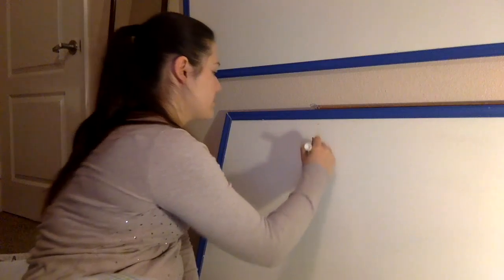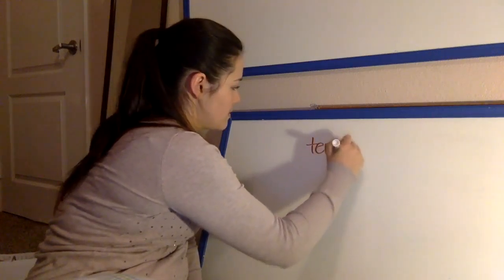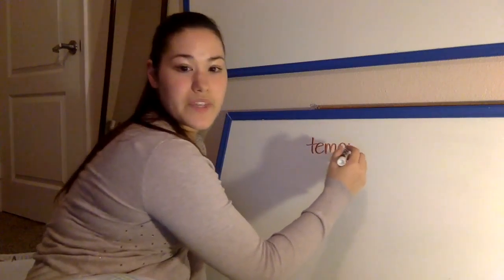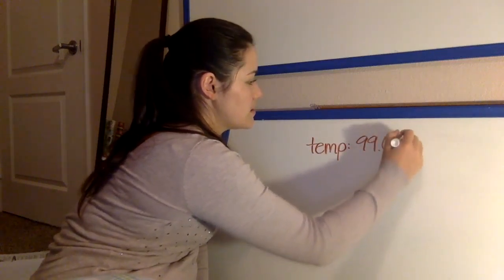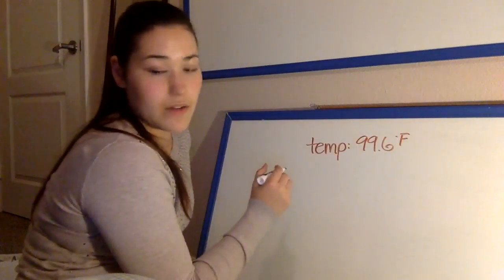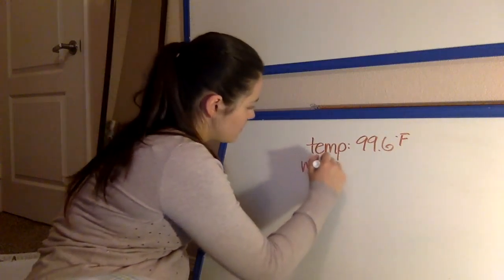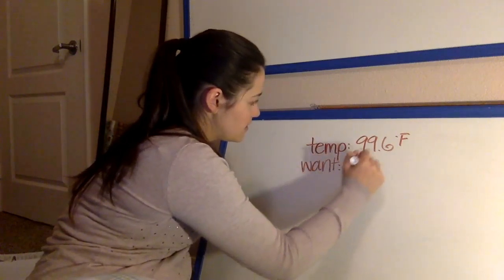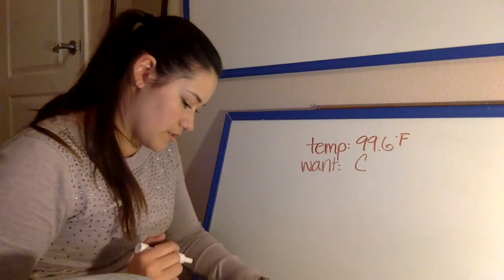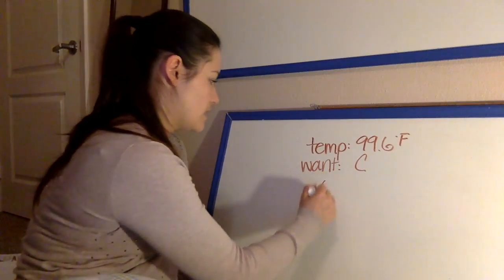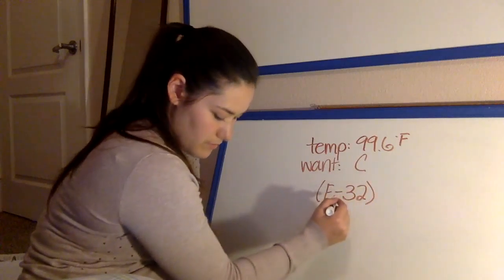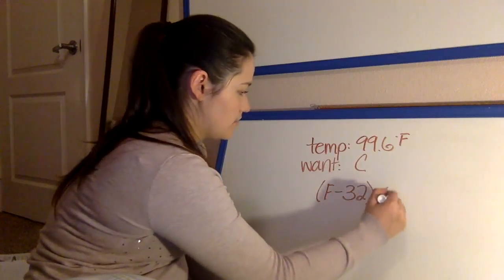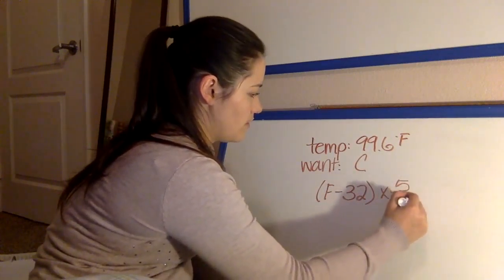But anyway, let's look up our equation for this. The temperature is 99.6 degrees Fahrenheit, right? We want it in Celsius. So the equation for Celsius is F minus 32 times 5 over 9.